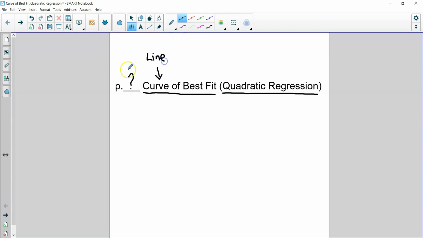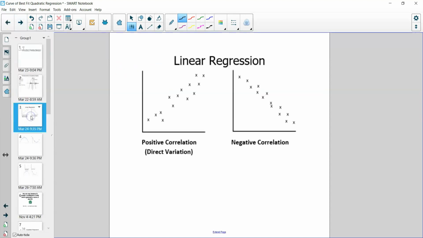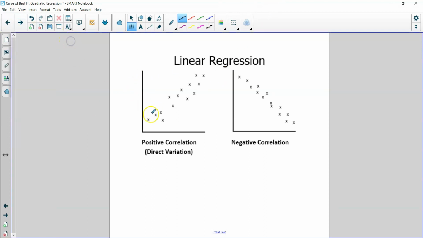Just to remember what linear regression looks like: we typed in some data points and found a line that best fit the data, meaning a line would go sort of like this, through the data. The data wasn't always on a straight line, but it formed in general a line, and we called that positive correlation or direct variation. And then sometimes we'd have data that went down, and so we would create this line of best fit that went through the middle.